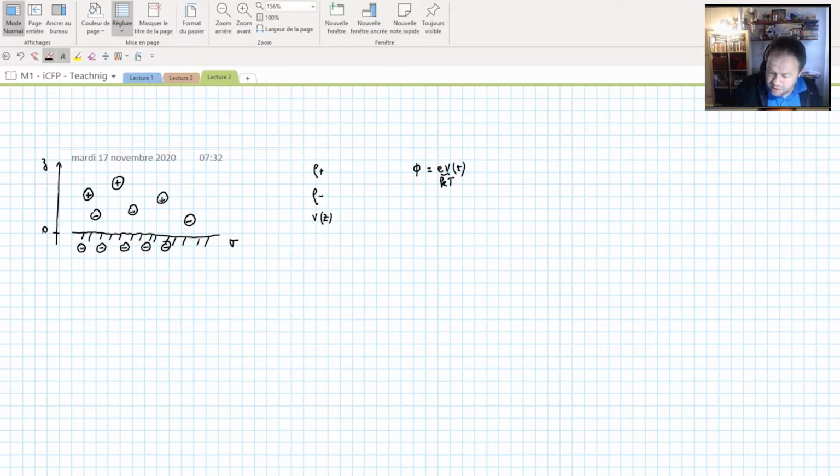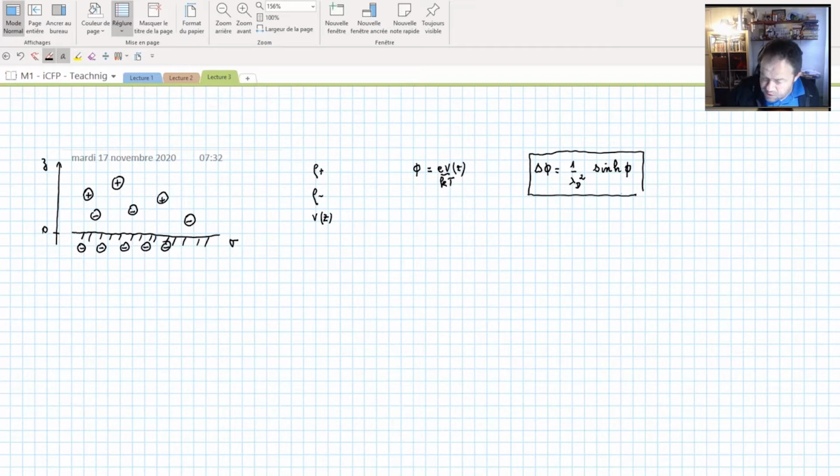What we had shown so far is that the potential verifies an equation: the Laplacian of phi is equal to 1 over lambda_D squared times the hyperbolic sine of phi. I hope you agree that we were at this point.